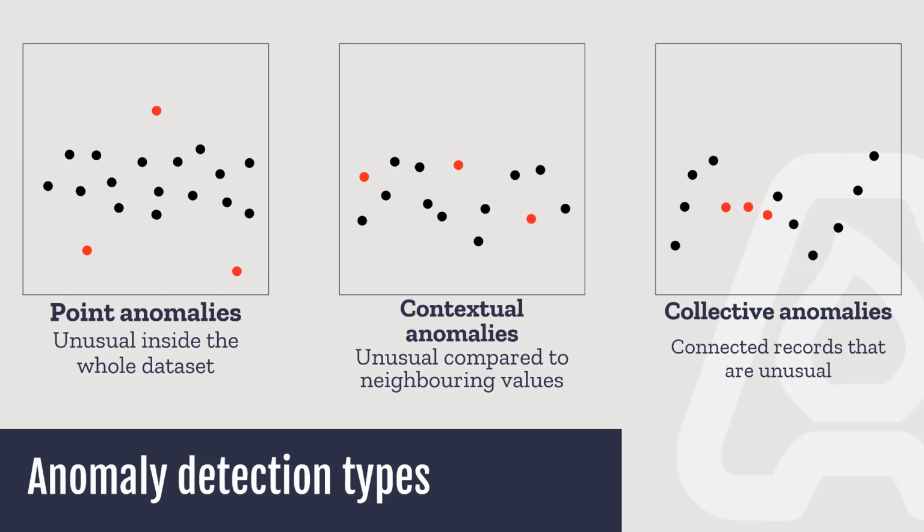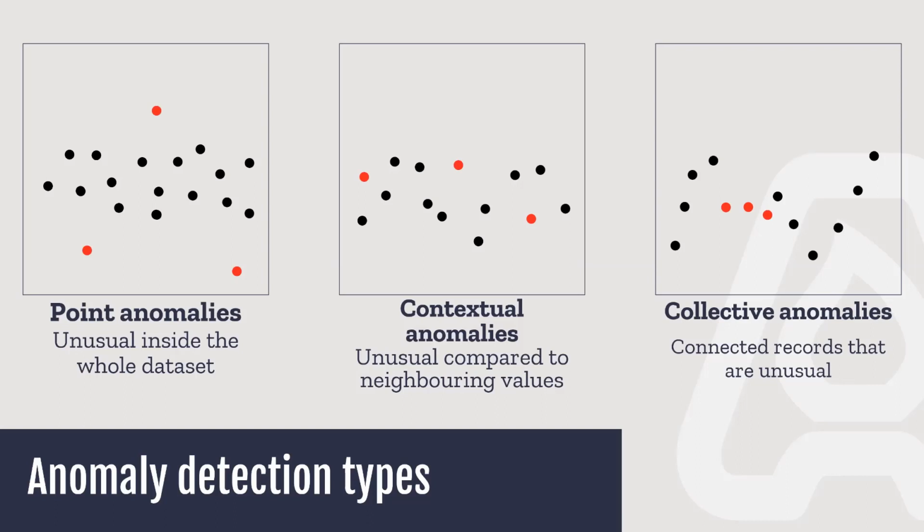The next level is contextual anomalies. This is usually based on a few values that have happened before it. Is this value unusual? So in a situation where RPMs are increasing throughout the day, if you get a sudden drop in the value to maybe 50% of what it was a minute ago, that would be an anomaly that's worth pointing out, but not at the beginning of the day.